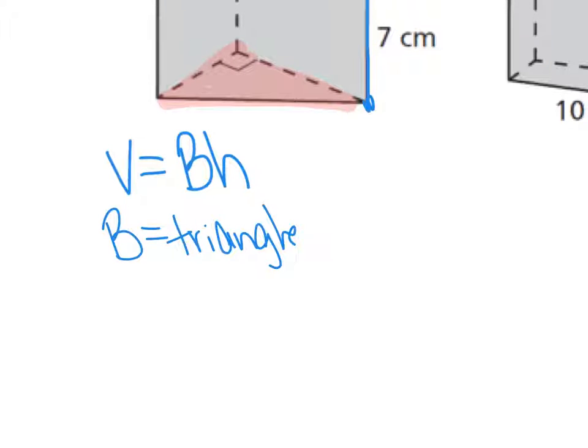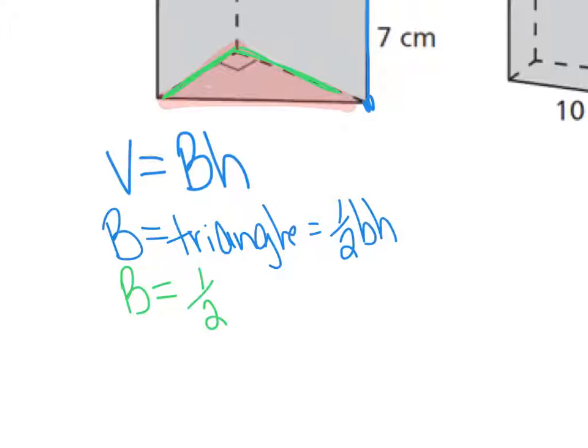Okay, and then I know the formula for the area of a triangle. That's 1/2. Now we're looking at the base and the height of just that triangle.